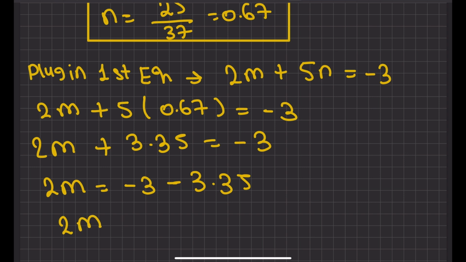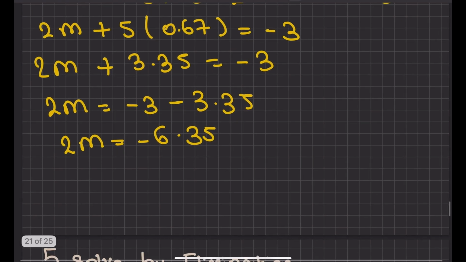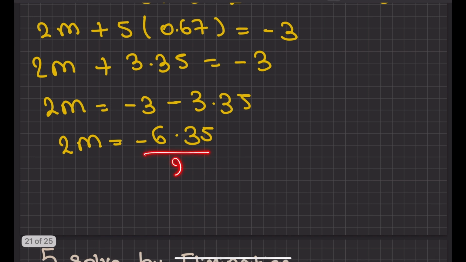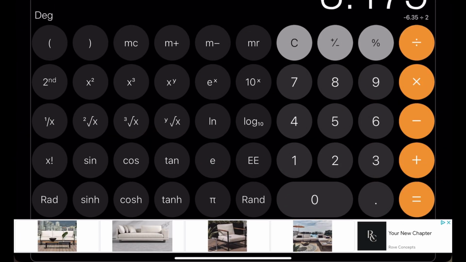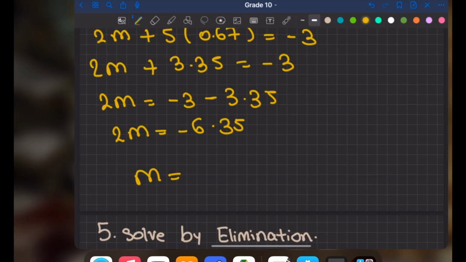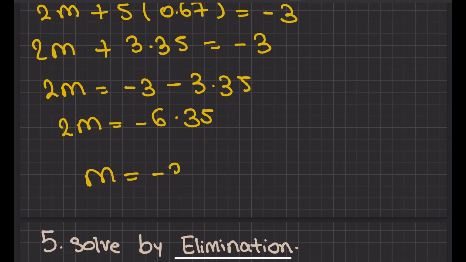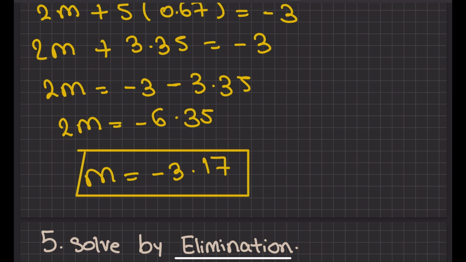So 2m equals negative 6.35. I have to divide both sides by 2 in order to find m only, so m equals negative 3.17. So this is what I have for m.